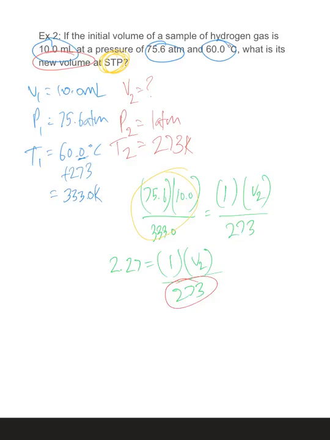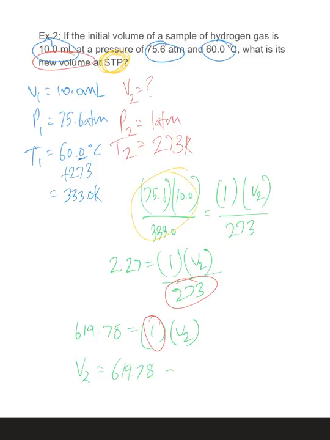So I'm going to do 2.27 times 273, and I'm going to get 619.78 equals 1 times V2. And then lastly, to get V2 by itself, I'm going to divide both sides by 1.